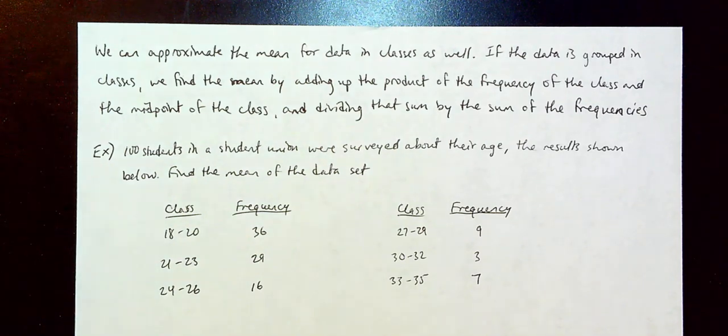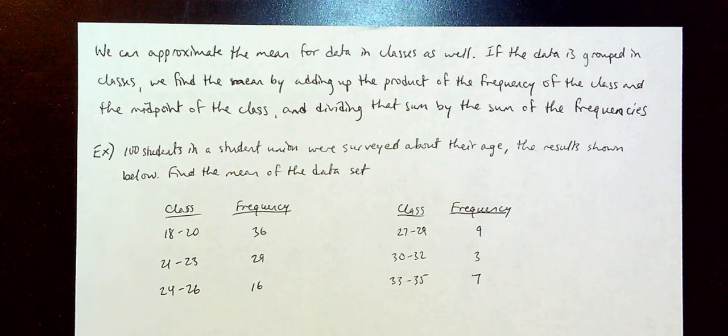Well, the way we get some sense of what the mean is, we find the mean by adding up the product of the frequency of each class and the midpoint of that corresponding class. So for each class, you're going to have some kind of frequency.